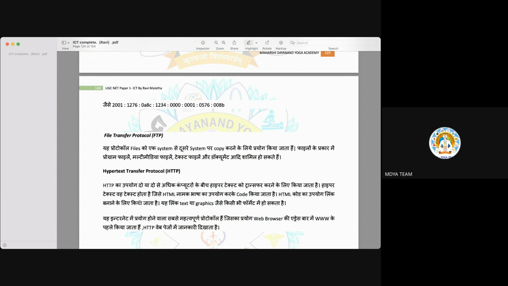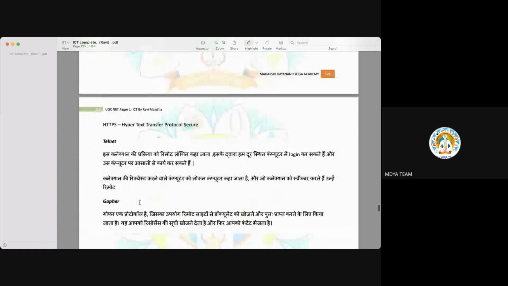And there is Telnet. It is a protocol that allows a computer to connect with a remote host computer on the internet. The use of Telnet has diminished as HTTP has become the dominant protocol nowadays.